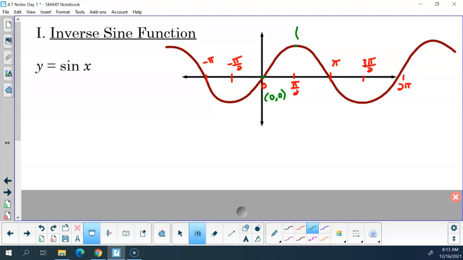No. Love it. Because remember, the x's go first. What about, let's go over here. And so on and so forth, right?